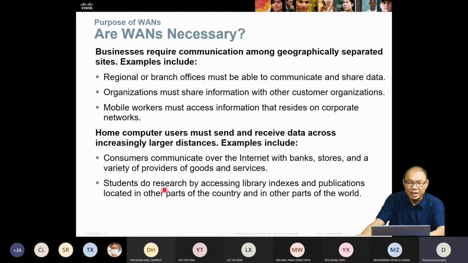Okay, and for students, the library information that you wish to use maybe exists in a university that is located in the United States. You want to be able to access the library literature from that particular university, for example. So that's why you need to use a wide area network. Basically, the need is there, okay?